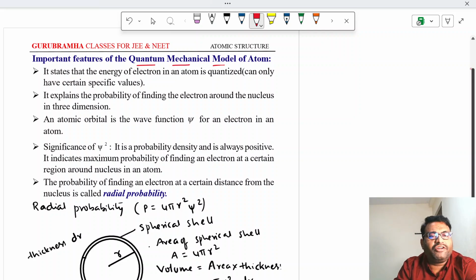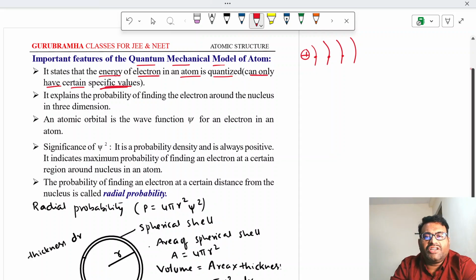So what are those important features? It states that the energy of an electron in an atom is quantized. So every electron in a particular energy level has a specific amount of energy. Quantization means it can only have certain specific values. So these are different energy levels. These are not paths, these are energy levels. Now only we have spoken about energy levels.